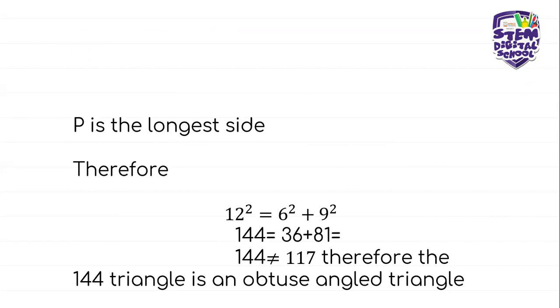Why do you do this? Or why do you put 12 squared equals 6 squared plus 9 squared? That is because in Pythagoras, we know that the longest side is the hypotenuse. So we have to test whether the two sides will be equal.